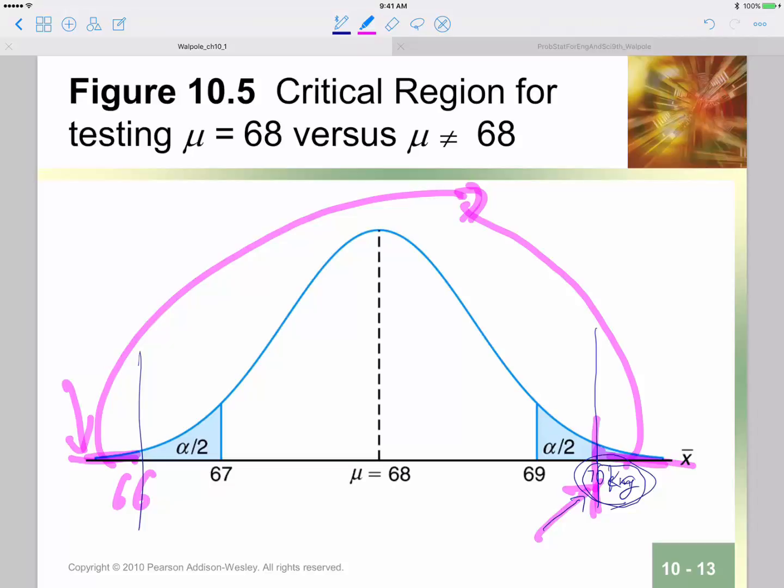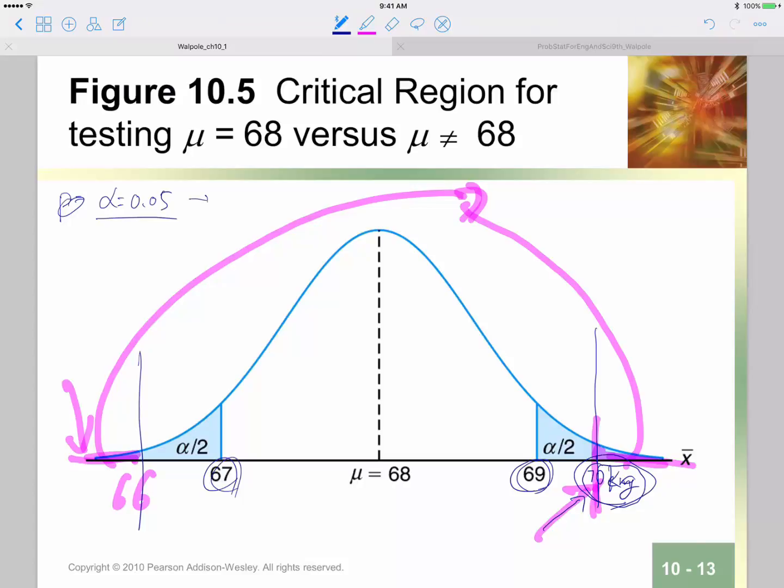So, let me ask a hopefully simple question. When alpha was 0.05, let's assume that the threshold was 69 or 67, okay?